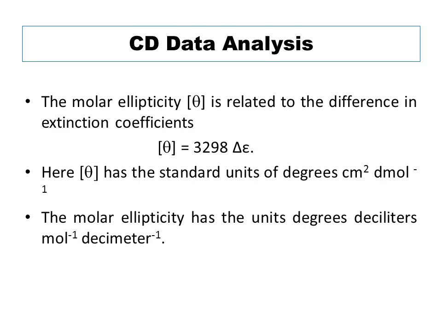For data analysis in circular dichroism, the molar ellipticity is related to the difference in extinction coefficient. Molar ellipticity has the units degrees deciliters per mole per decimeter.